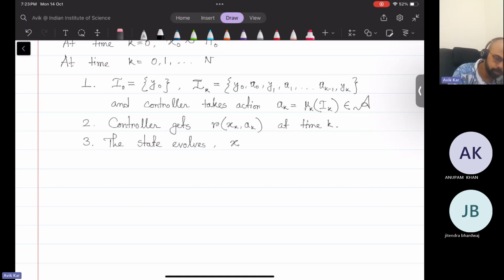How? xk+1 is sampled from this distribution, right? But this is not observed by the controller or the agent.